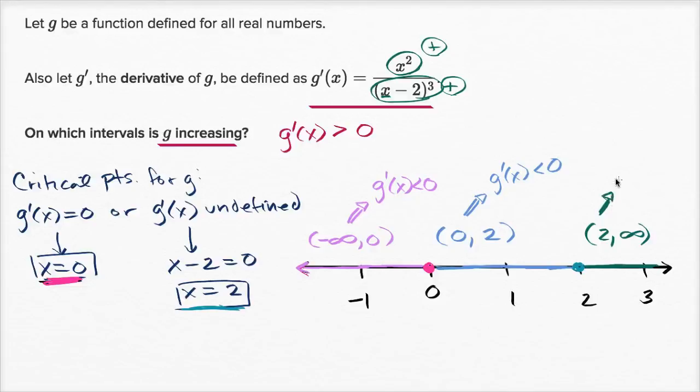So this is the interval where g prime of x is greater than 0. So on which intervals is g increasing? Well, that's where g prime of x is greater than 0. So it's going to be from 2 to infinity. Or we could just write x is greater than 2. Either way, g prime of x is greater than 0, and your function g is going to be increasing.